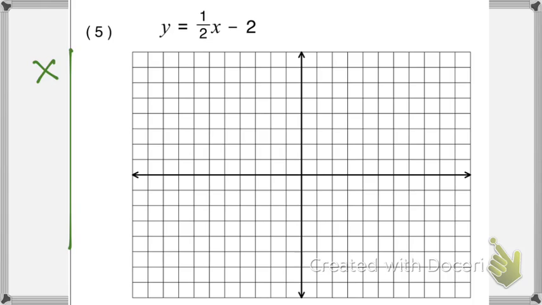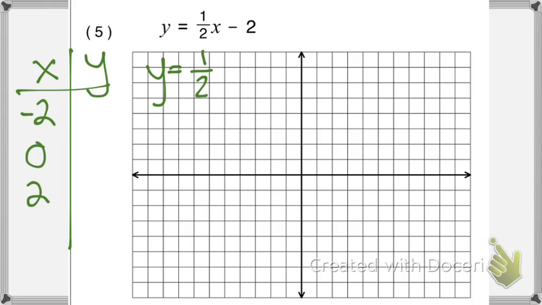All right, here, I'm going to pick numbers that are a multiple of 2 because it makes it easier. So I'm going to pick negative 2, 0, 2. And here, if I plug in 1/2 x, I'm plugging in negative 2.